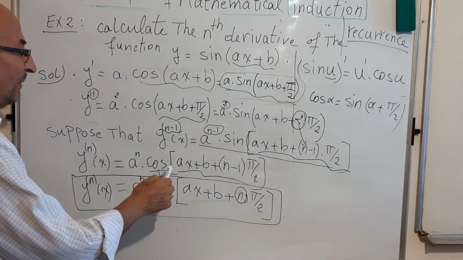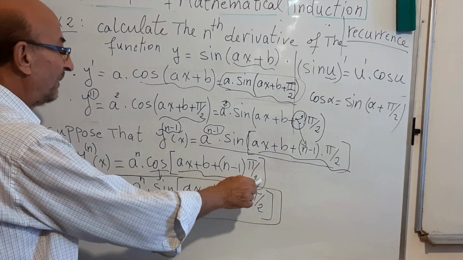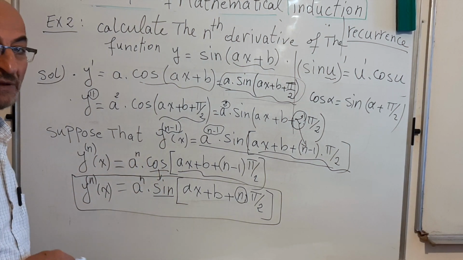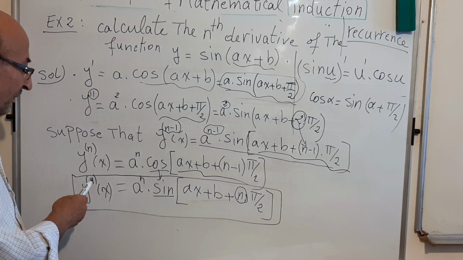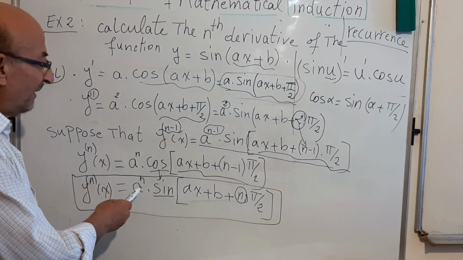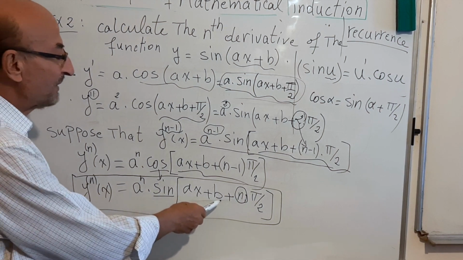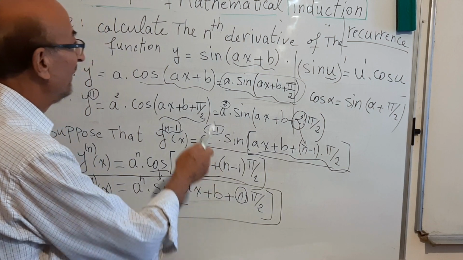Now we add pi over 2 to the arc to transform cosine into sine. We obtain the derivative of order n is a power n times sine ax plus b plus n times pi over 2.